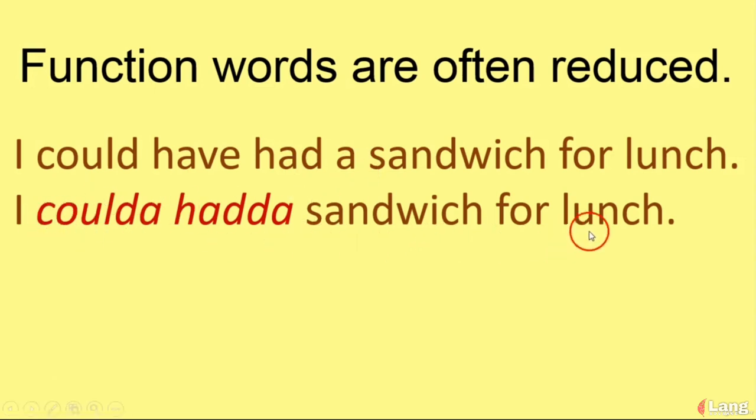I could have had a sandwich for lunch. Reducing function words makes them easier and faster to say, and allows you to put more stress on the content words. In the remainder of this course, I will not be writing the reduced forms in this way.